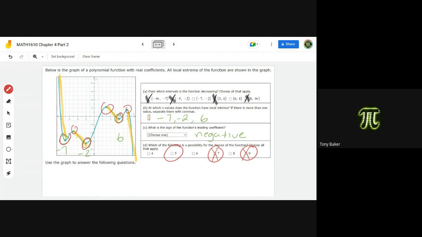So think about a quadratic, it has 1 turn. That's where the 2 comes from. It's always one more than that. A cubic has at most 2 turns. It could have no turns. A cubic could be just basically a flat space with no curves. But the most it would have would be 2.